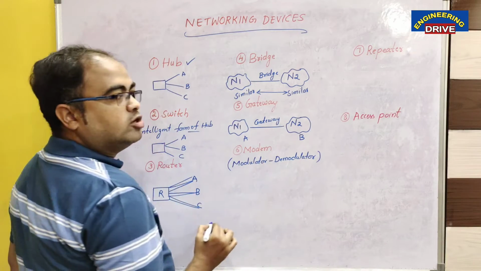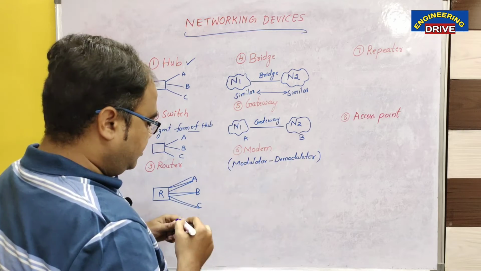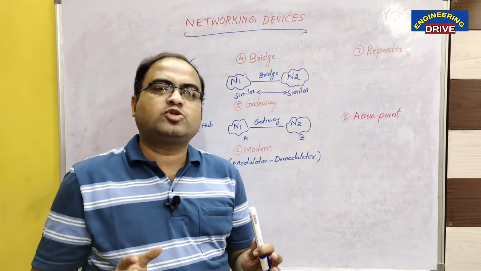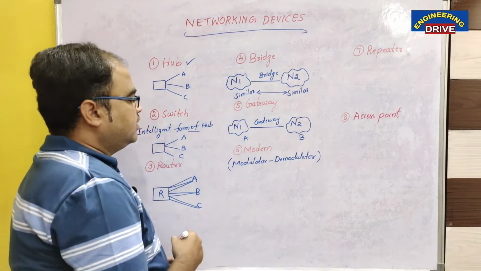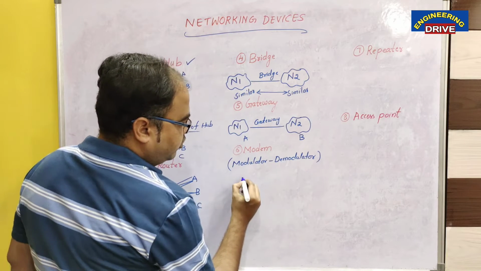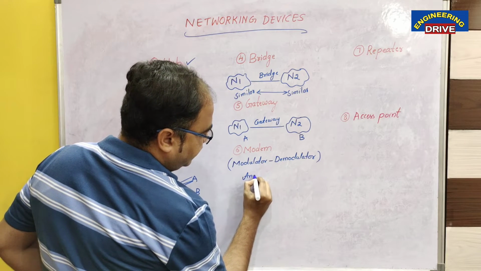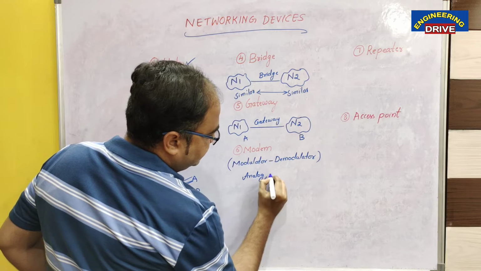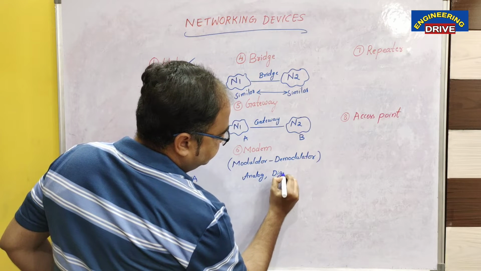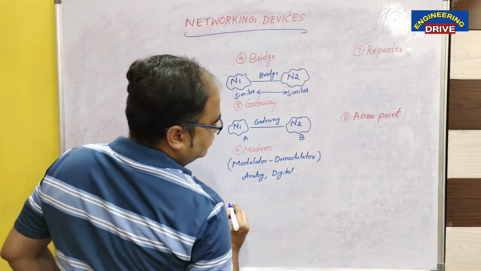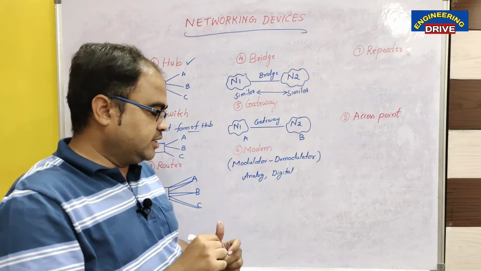So what is the meaning of modulator and what is the meaning of demodulator? Let me tell you, there are two types of signals that we can come across in networks. One is analog signals, another one is digital signals.